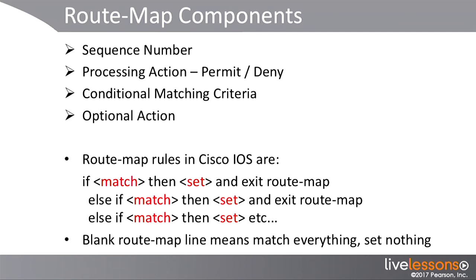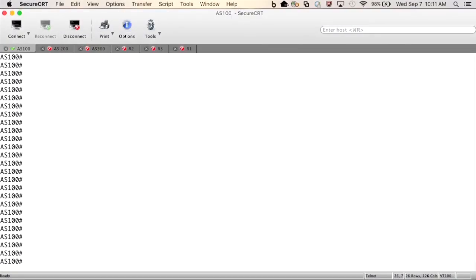Let's now have a quick example in the lab to see what I was speaking about so far. Let's go into the config mode on router AS100 and see how we can influence the route advertisement using a route map. We go into the config mode and create a route map named advertise, and say permit 10.